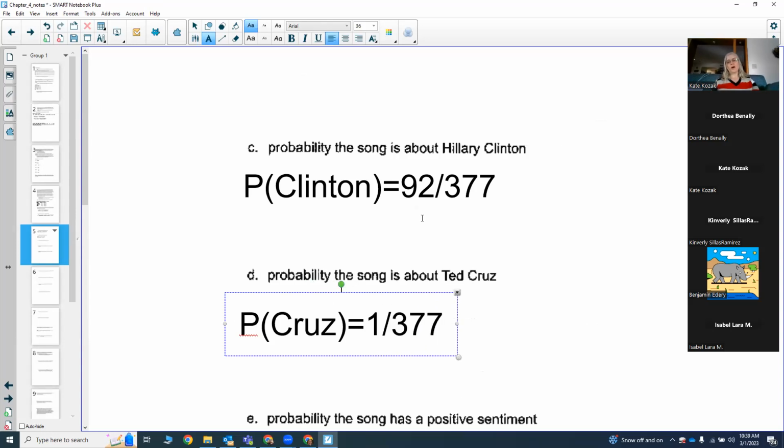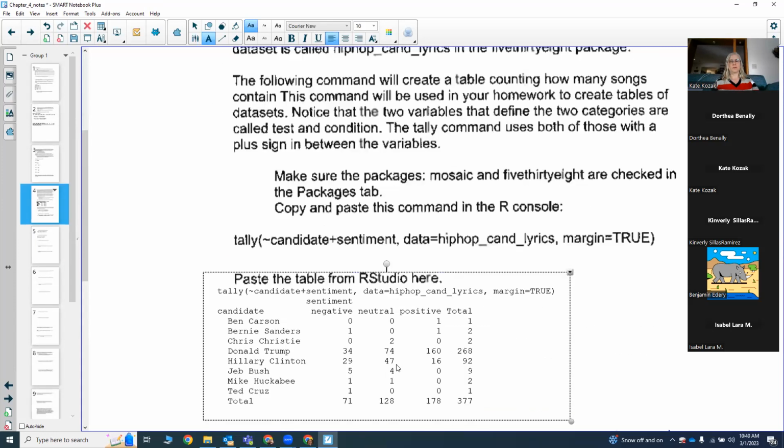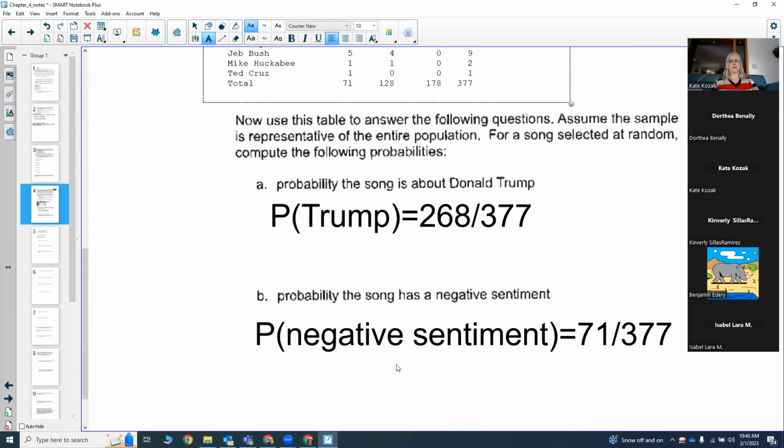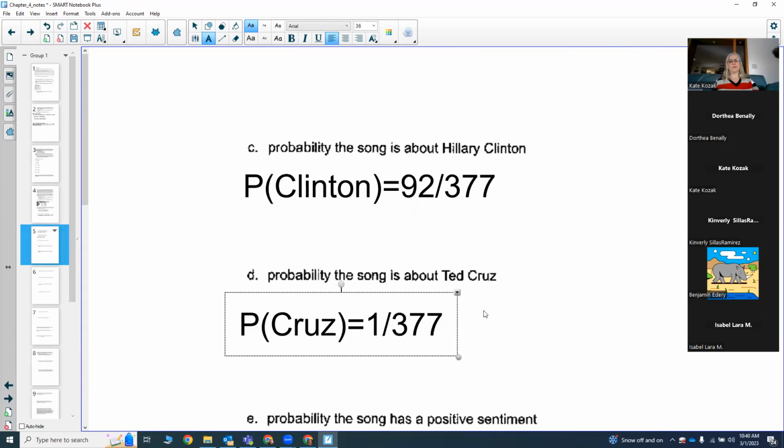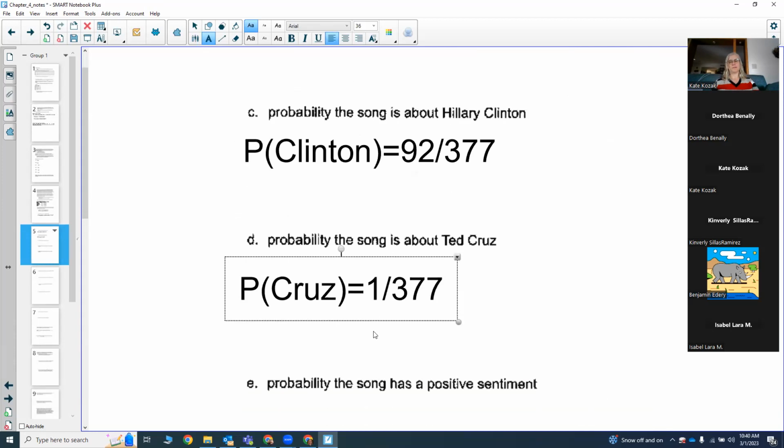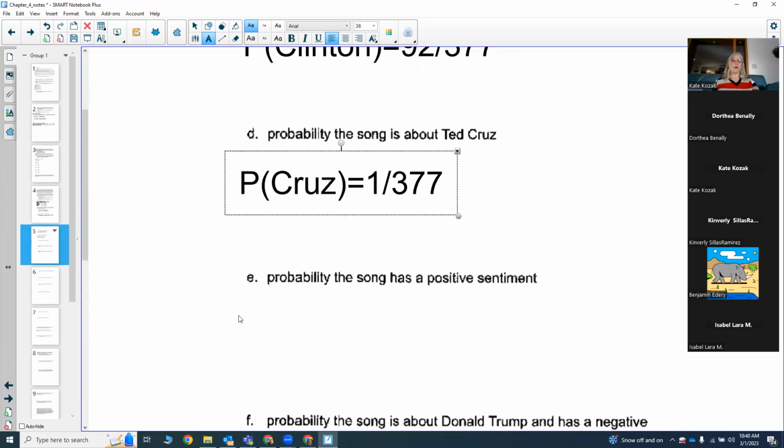So which one is more likely to have had a song about them? Ted Cruz, Clinton, or Trump? Trump, because his probability is much bigger than the other two. And obviously Ted Cruz is very, very small. One more.